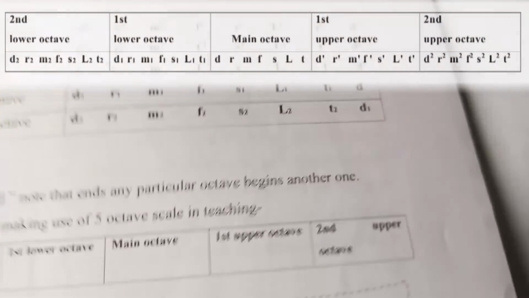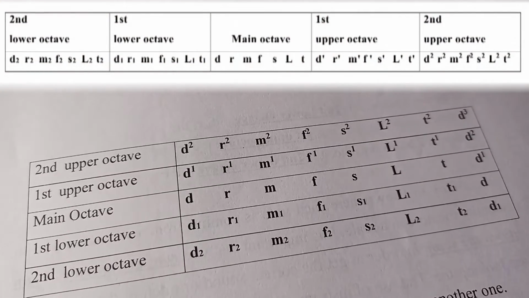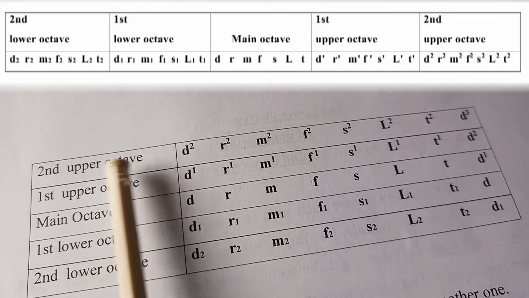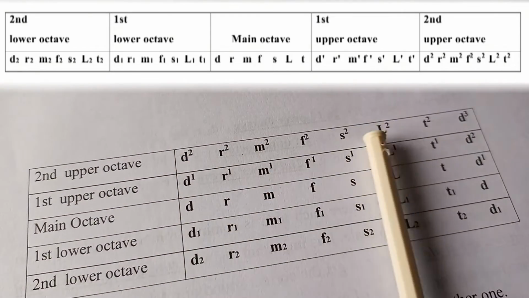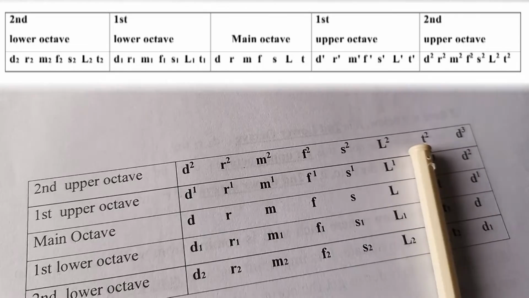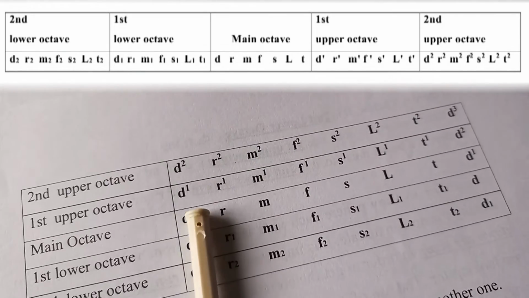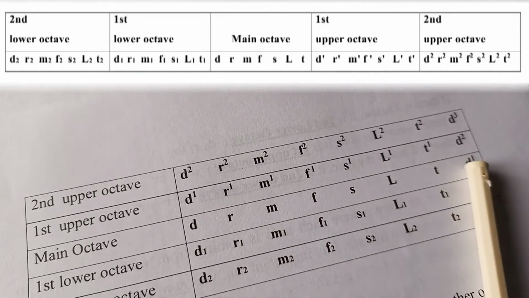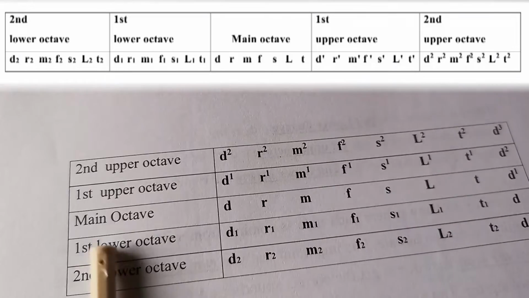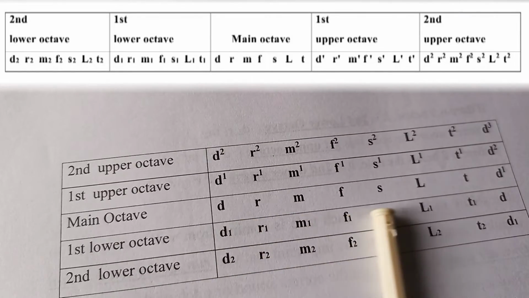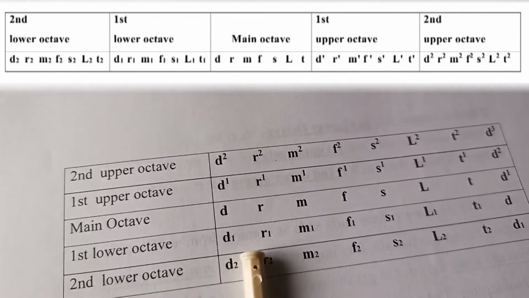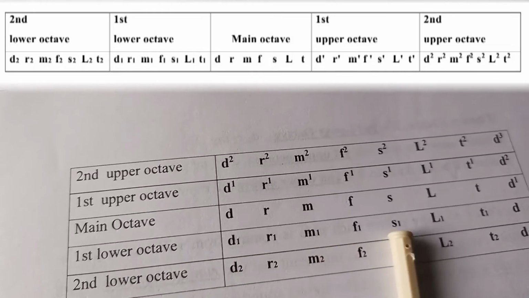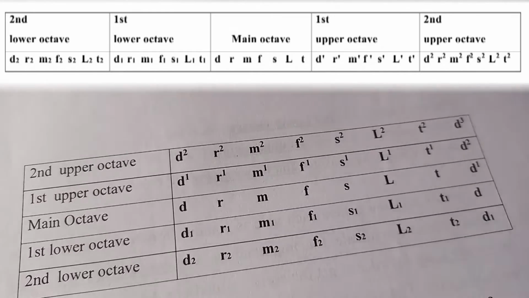So let's show it in a table. Second upper octave, the do re mi has 2 in front of it. First upper octave, they have only 1. Main octave, there is nothing in them. First lower octave, they have a sign of 1.